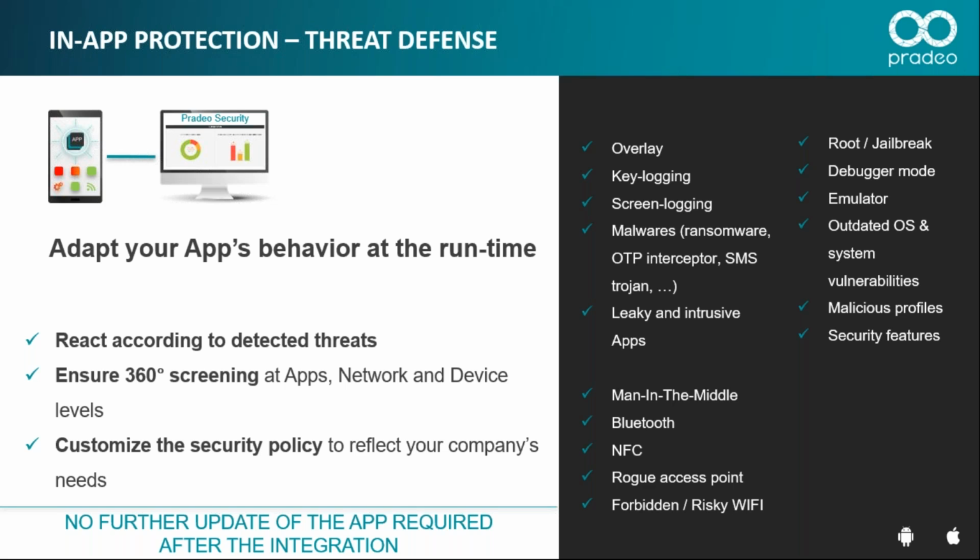So basically, our agent detects when other apps try to access your app data and prevents the attack. And your app will then adjust its behavior to threats detected on the device with more granular remediation options.